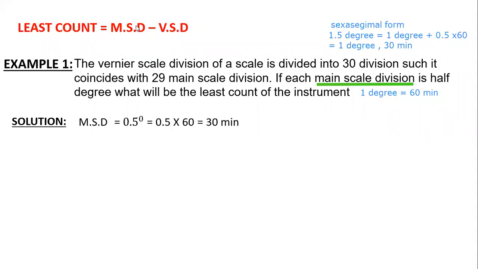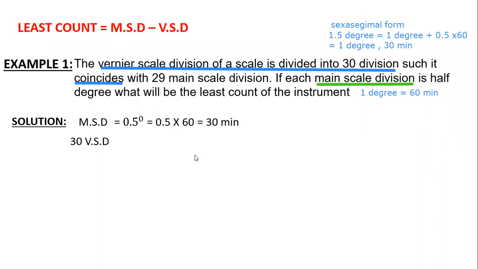Then they have given some condition, and that condition states that the vernier scale is divided into 30 divisions. So I have 30 vernier scale divisions. Then they have used a word called coincides.